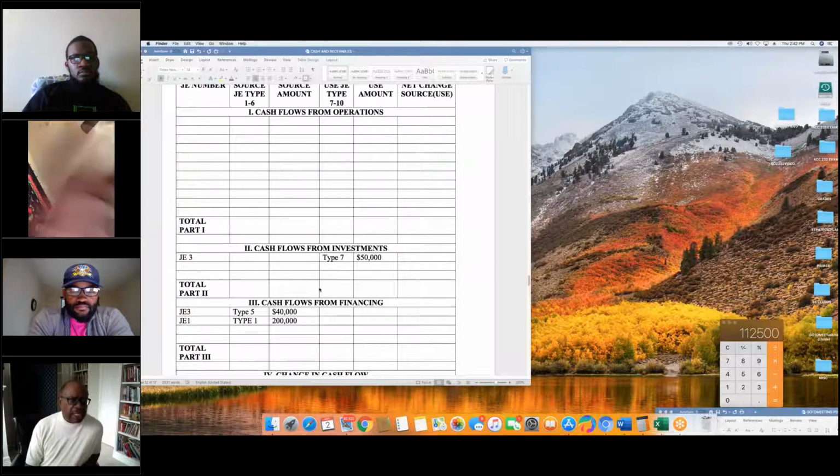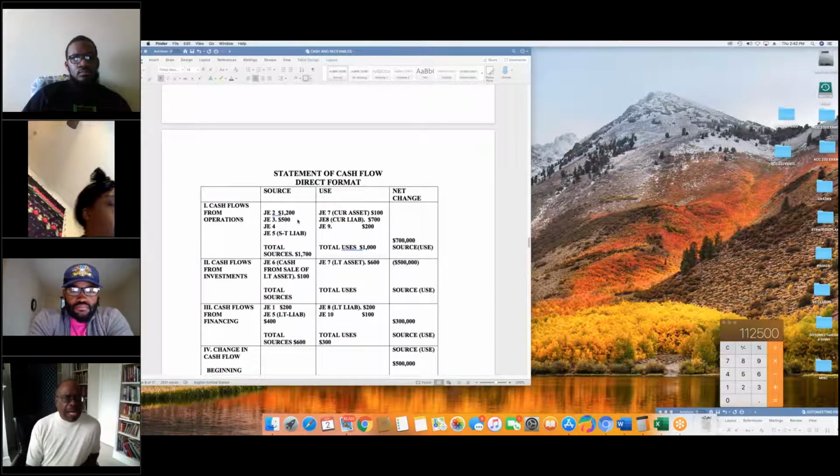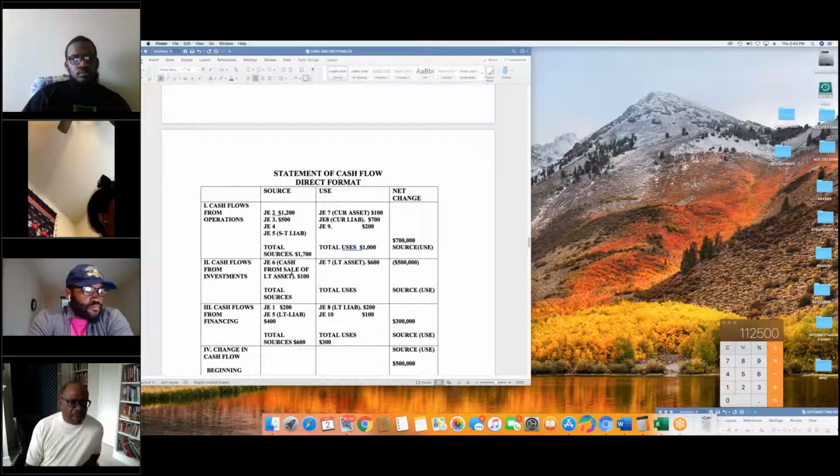So once again, we're reading the transaction. We're going to our source document, which tells us where every journal entry goes once we identify the type. 2 through 5 short-term loans, short-term liabilities are in part 1. 7, 8, and 9 are in part 1 if it's a current asset or a current liability. 6 is sale of a long-term asset, that's in part 2.